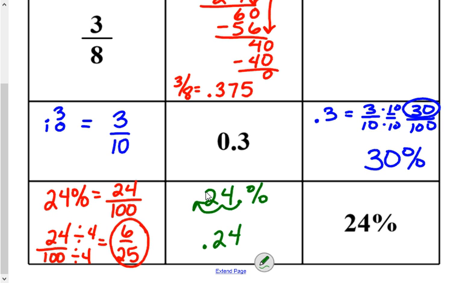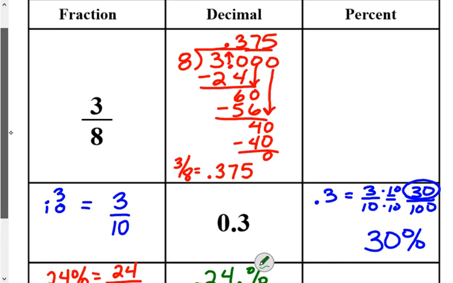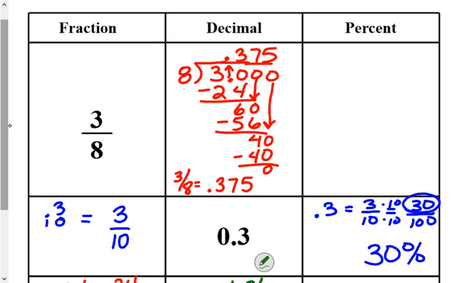Now, what about if we want to change the fraction 3/8 to a percentage? Well, there's a few ways we can do it. We can change it to that decimal, 375 thousandths, and we can take that decimal answer and move the decimal twice to the right, and that's going to give us 37 5/10%. We can definitely do that.